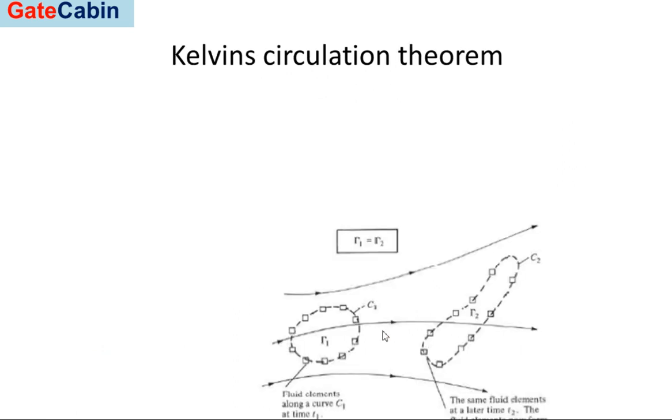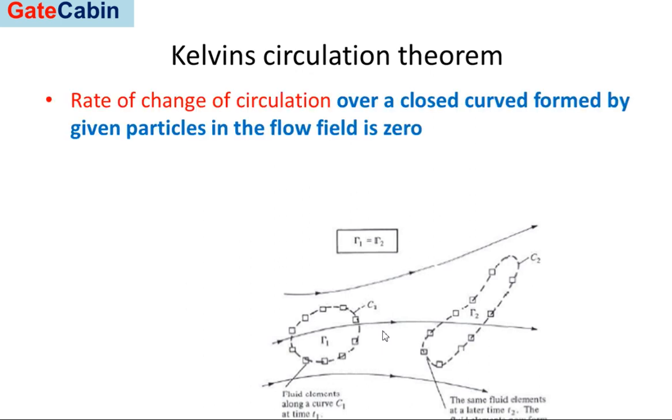And then one of the most interesting theorems related to this is Kelvin's circulation theorem. It simply says that the change in circulation over time for a given closed curve formed by the same fluid particles anywhere in the flow field is zero; the circulation remains constant.